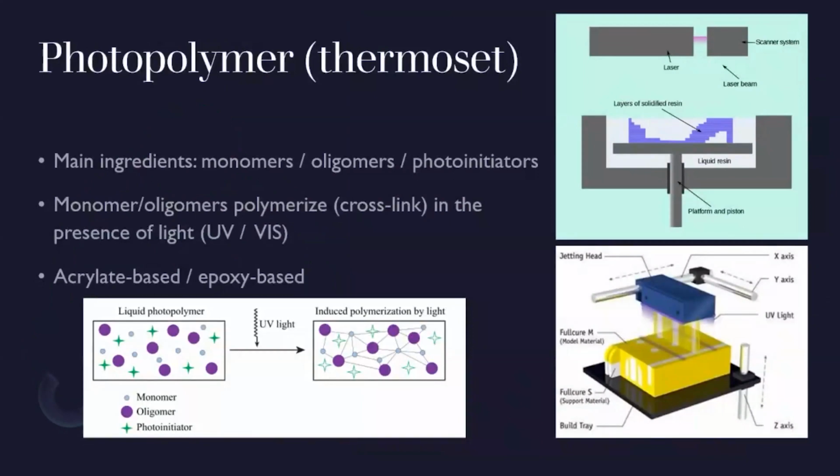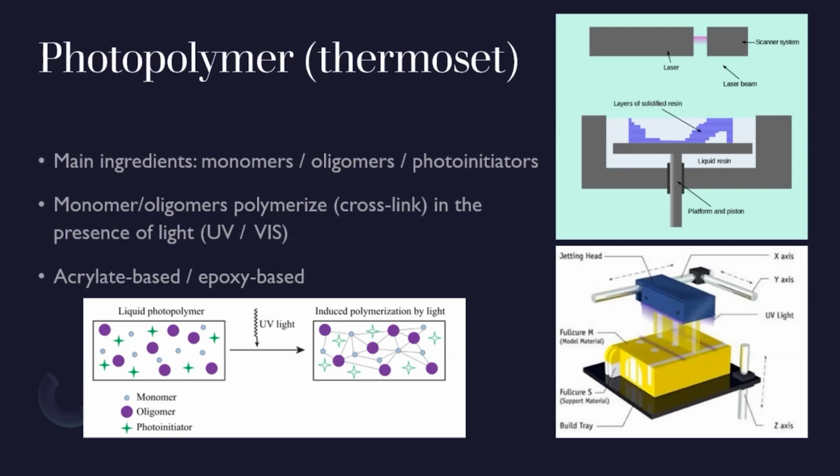First, I'll discuss liquid photopolymers that are used in 3D printing. It requires an energy source like UV radiation to cure the resin so that a solid object can be the end product. There are many photopolymers available, all consisting of 3 ingredients. The first two are monomers or oligomers.